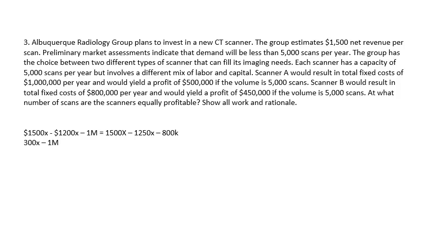We still don't know the number of scans. And let's do some collapsing on this side of the equation as well. That's going to be 250x minus our fixed costs, which we said were 800K. Okay, so we've got that. That looks good. All right, now let's continue to crunch through a little bit of algebra.